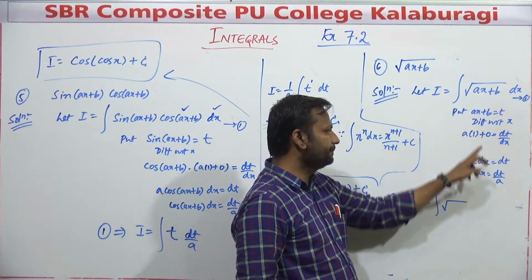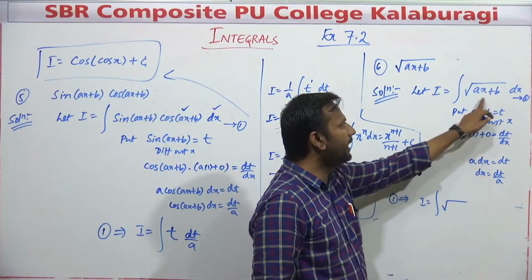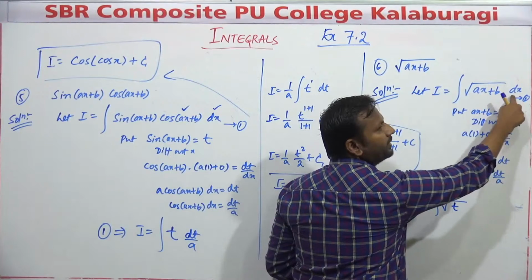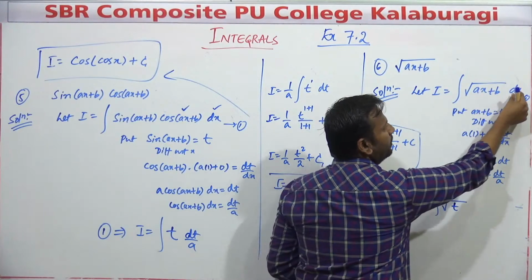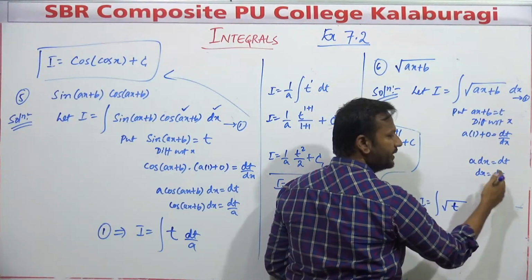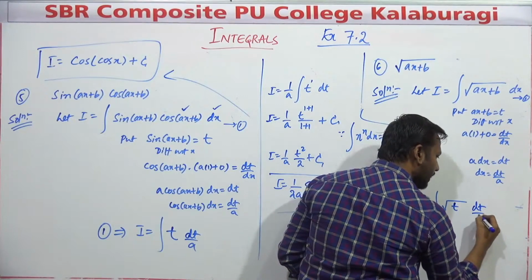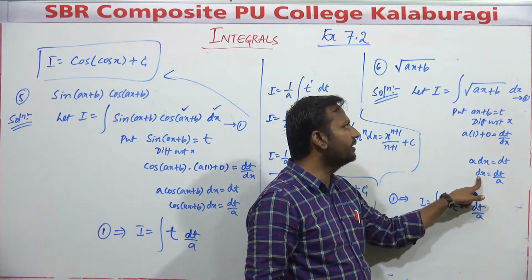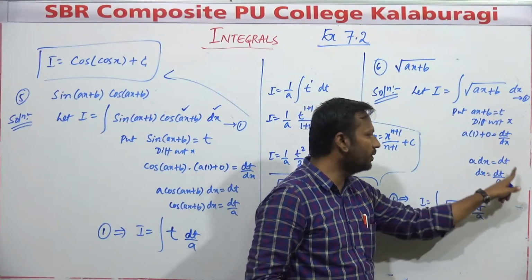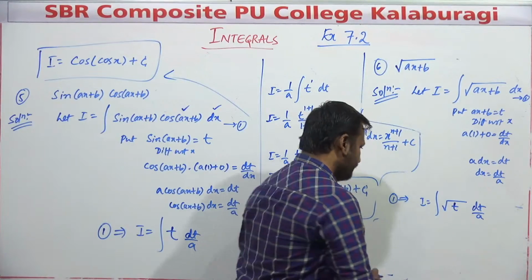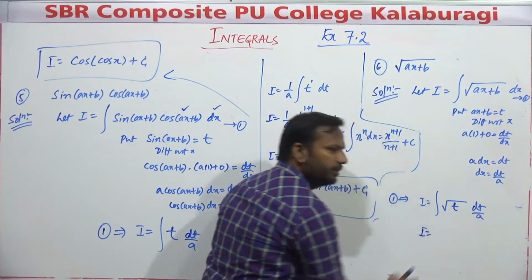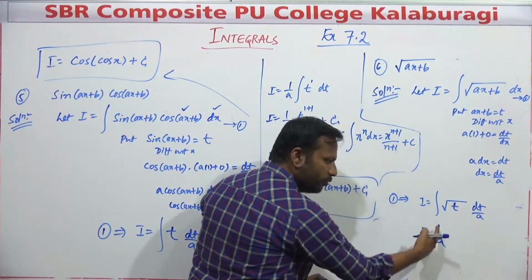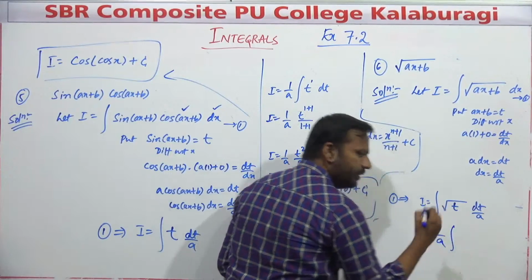So ax plus b is t, and the remaining thing is dx. dx is dt by a. We have to write down the differentiable factor dx, which is dt by a. Now a is a constant, so take it outside the integral. It is in the denominator, so that's why we take 1 by a outside the integral.